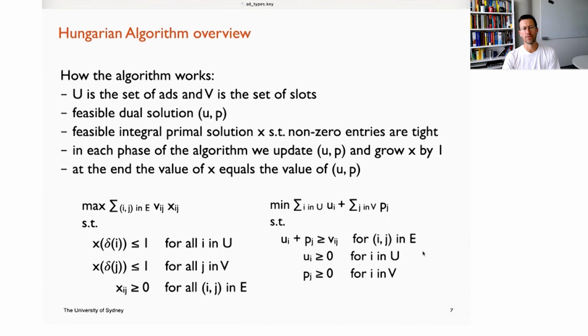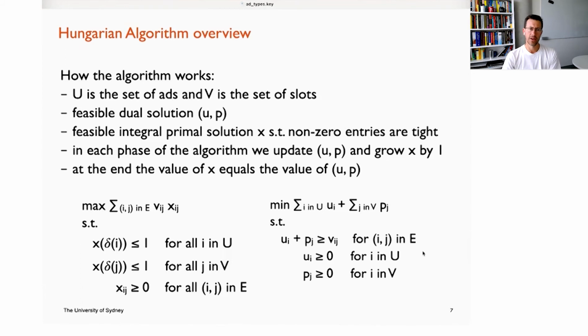And then our objective is to maximize the weight of the assignment, where I take these indicator variables and multiply them by v_ij, which takes into account both the discount factor of the slot j for this type of ad and the intrinsic value of the ad. So basically, that's what it is. And this is the dual solution.